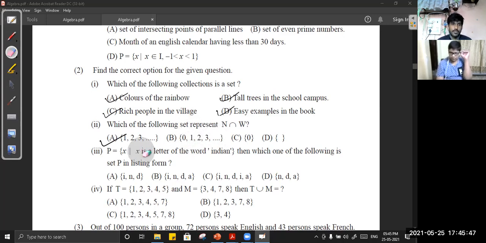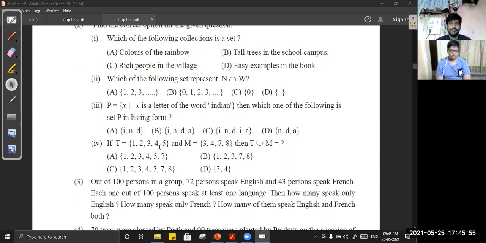Okay. Third one. Can you read third? Set P is a variable x such that x is a letter of the word INDIAN. Which of the following is set P in listing form?